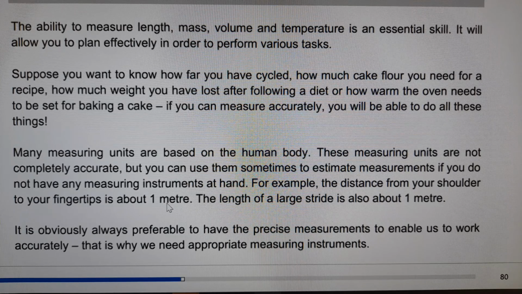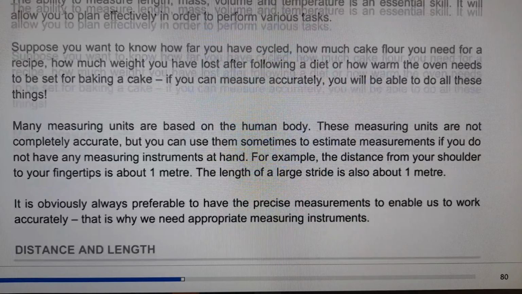So if you straighten your arm from your shoulder to your fingertips, it is about 1 meter. The length of a large stride is also about 1 meter. So if you open your legs and take one footstep, that is about 1 meter, but that is just an estimate.